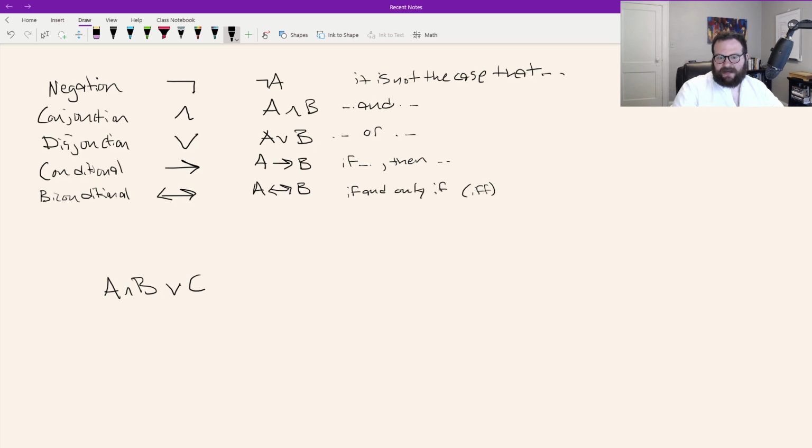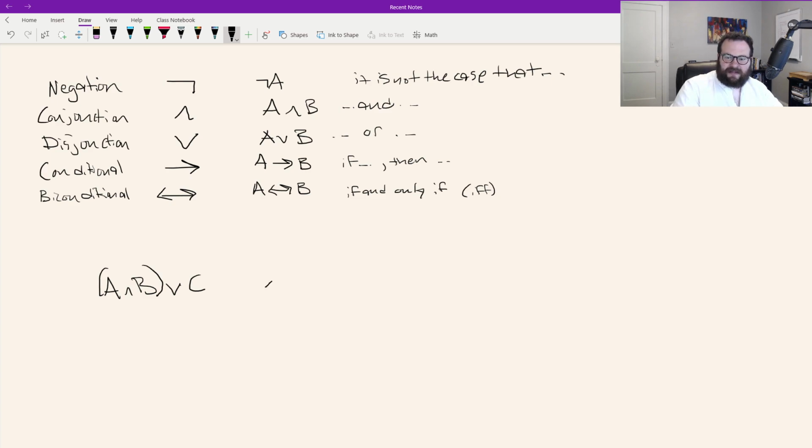This could be read as (A and B) or C. Or it could be read A and (B or C), which is slightly different. So in order to make it clear, we have to use parentheses. Since I wanted to say (A and B) or C, I have to use parentheses here. This reads (A and B) or C.